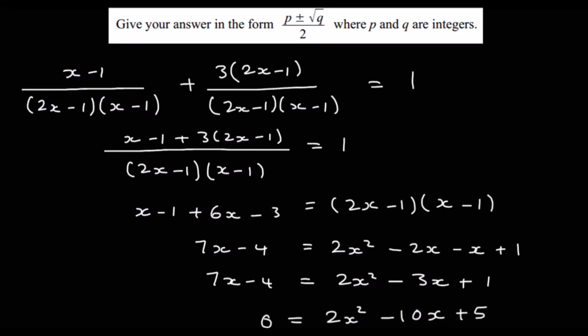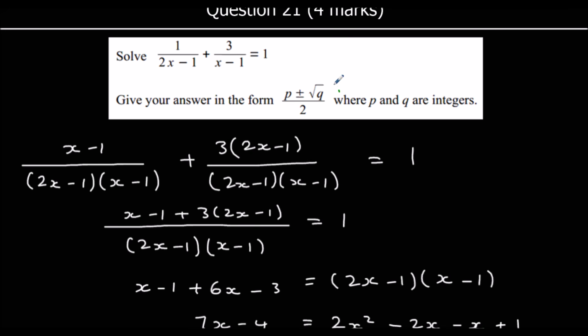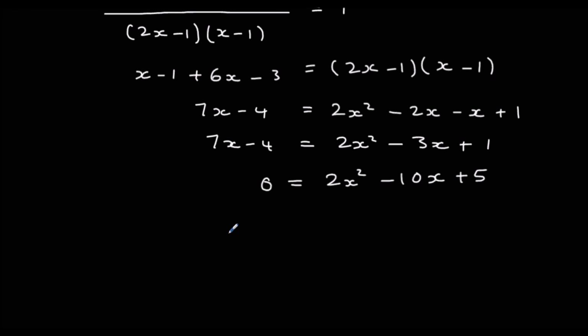Now bear in mind the question said, give your answer in this form. So my only options to solve it are completing the square or the quadratic formula. They're the only options I've got. I'm going to use the quadratic formula with a is 2, b is negative 10, and c is 5.